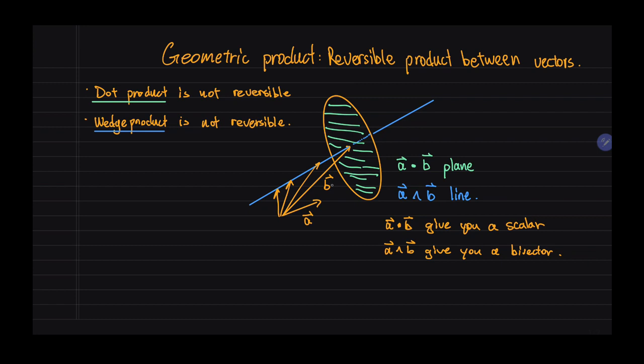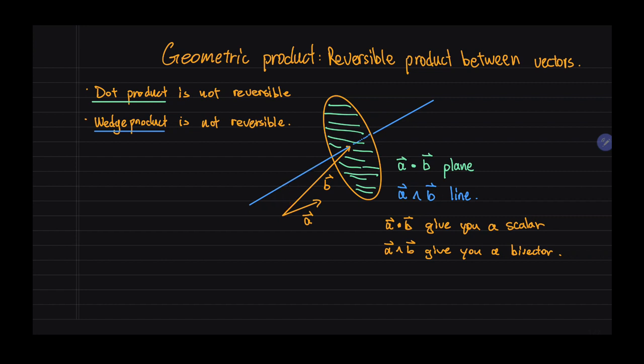When A wedges any vector that touches this line, it gives me the same A wedge B. So that's why A wedge B is also not reversible.